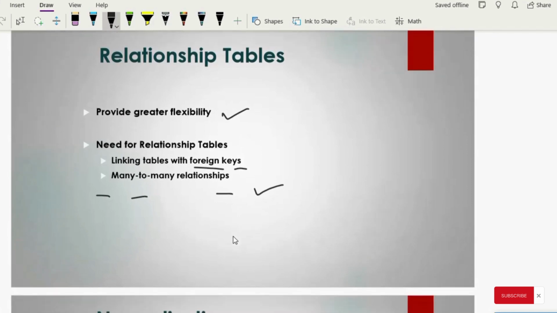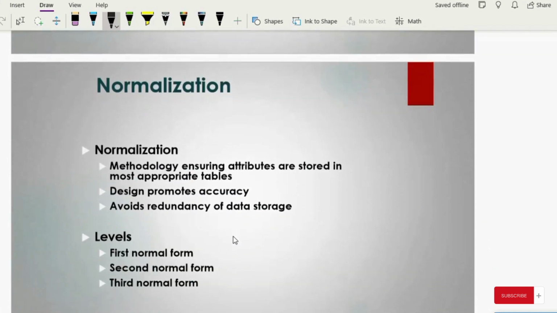Let's move on towards our next topic, which is normalization. Normalization is another important concept from a database perspective. So it is a method in which you ensure that the attributes are stored in the most appropriate tables, and the design of the database promotes accuracy and non-redundancy. Redundancy means repetition.